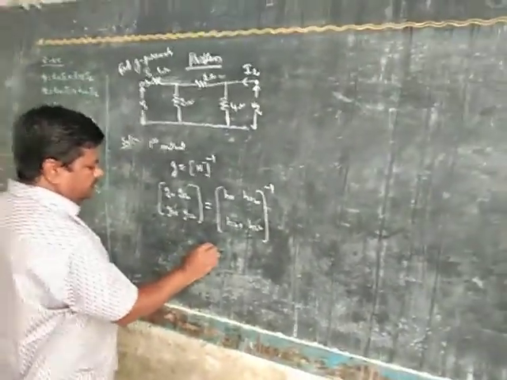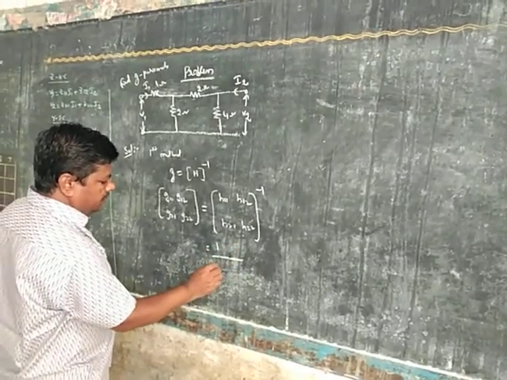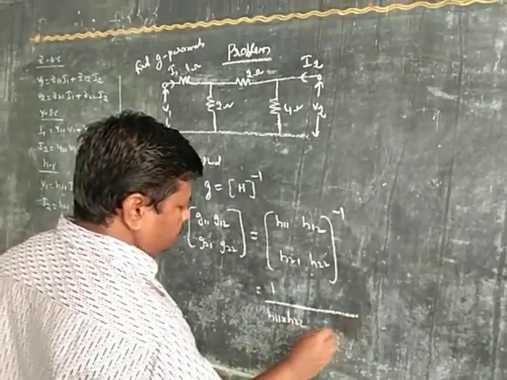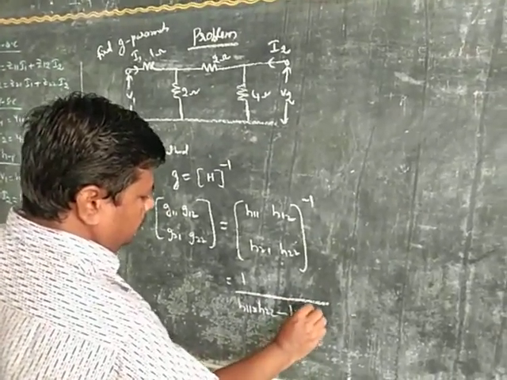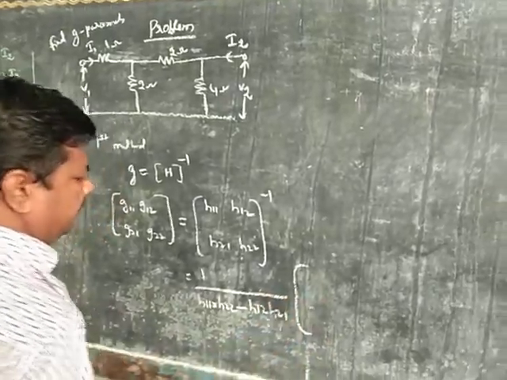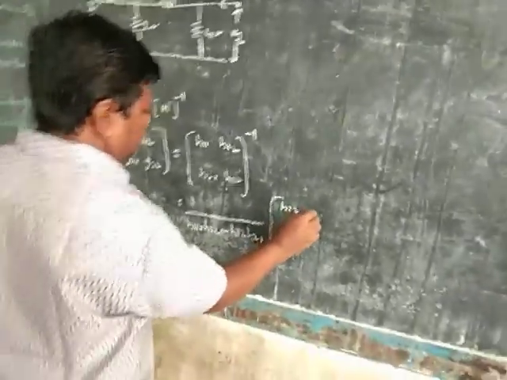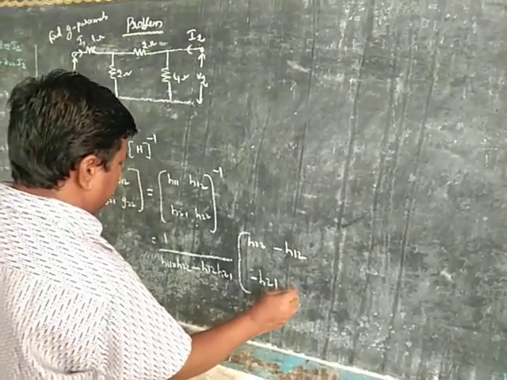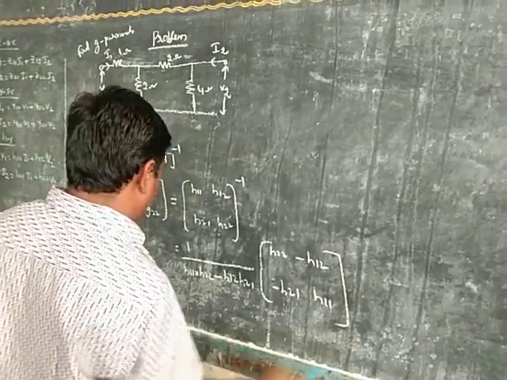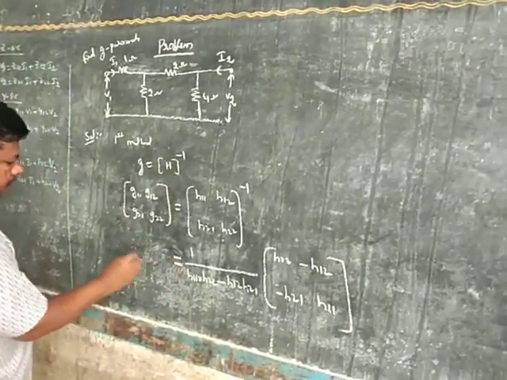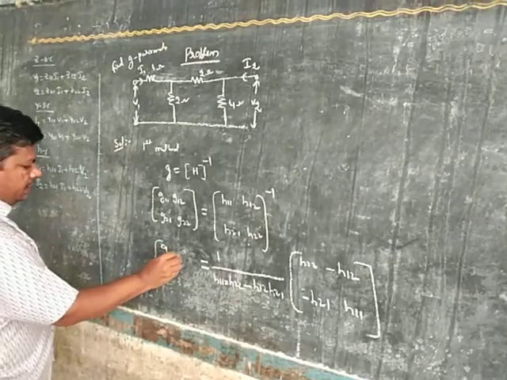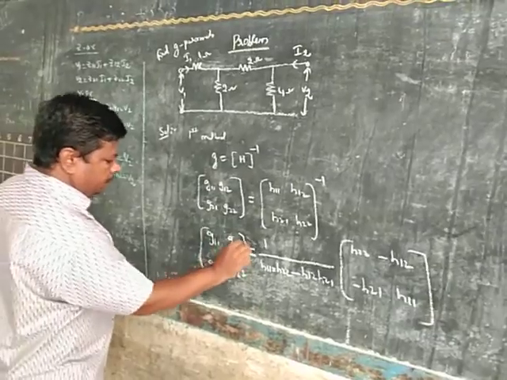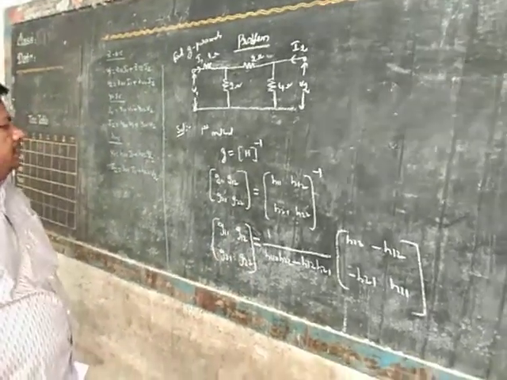We already know the matrix inverse, that is equal to 1 by AD minus BC, times D, minus B, minus C, A. Here that is 1 by H11 into H22 minus H12 into H21, times H22, minus H12, minus H21, H11. By using this, we can easily find G parameters. This is one method.